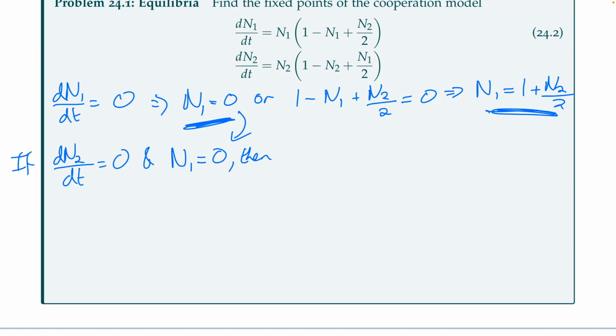Remember, we want both of these things to simultaneously be 0, and above we've got the conditions for when dN1/dt is equal to 0, so we need to substitute those in. If N1 is equal to 0, then this term here is 0, and this is just our logistic model. So N2 times 1 minus N2 must equal 0, which implies that N2 is equal to 1 or N2 is equal to 0.